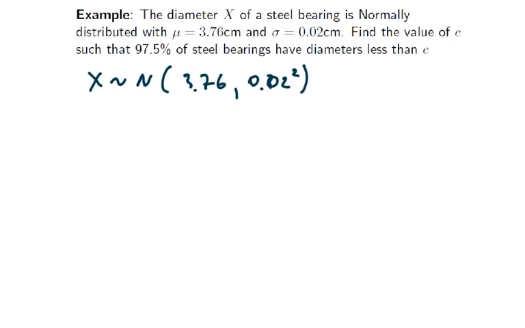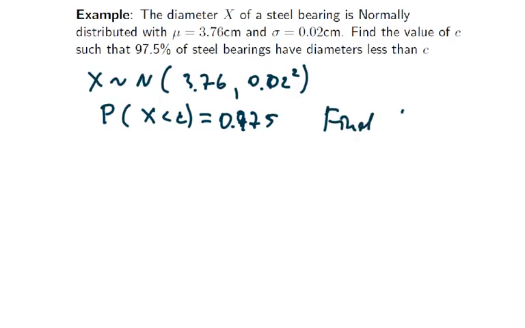We want to find the value of c such that the probability that X is less than c is 0.975. So the problem is to find c.